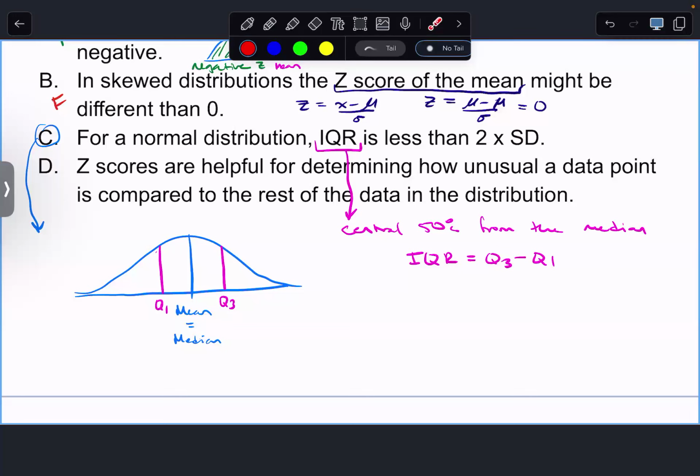But we also know 2 standard deviations from the 68, 95, 99.7 rule, right?